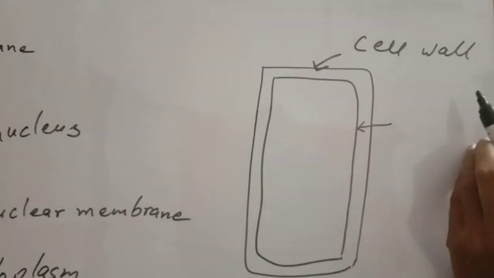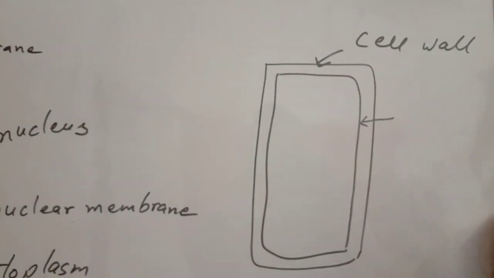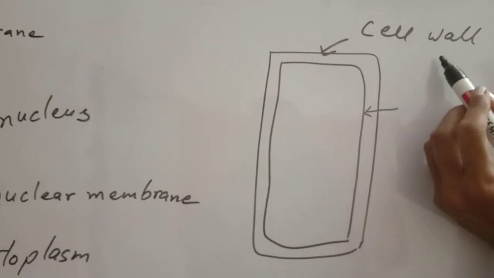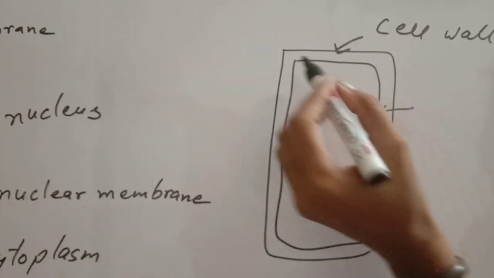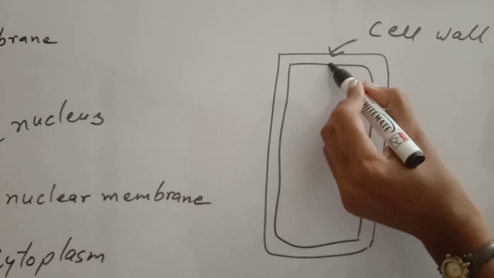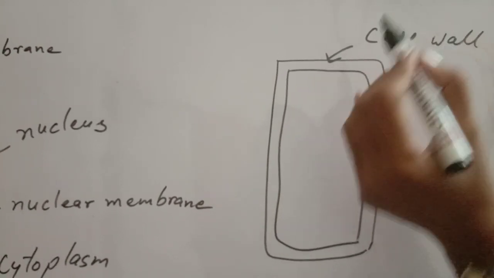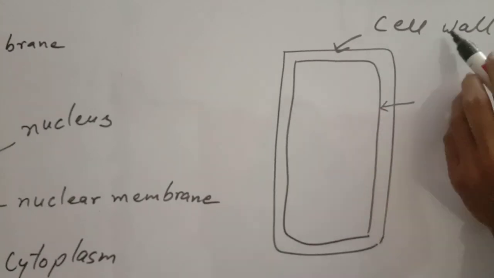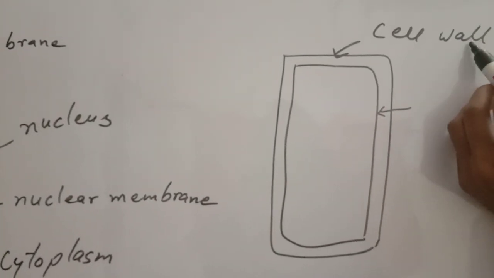Now in a plant cell, there is one extra layer outside, and that is called the cell wall. It is rigid as compared to the cell membrane. So a plant cell has a cell membrane and then a cell wall, while in an animal cell, there is only a cell membrane. In an animal cell, there is no cell wall. Now let's talk about the cell wall.